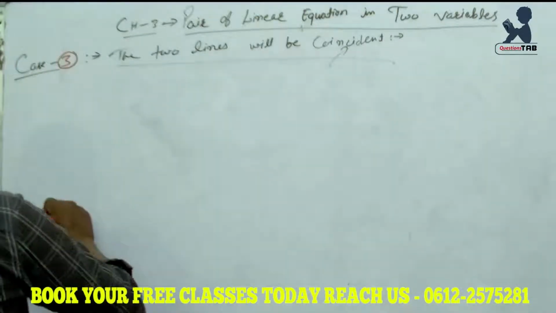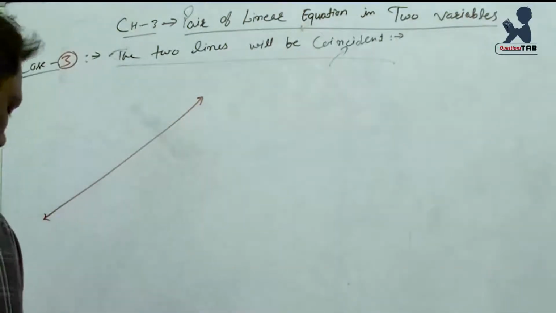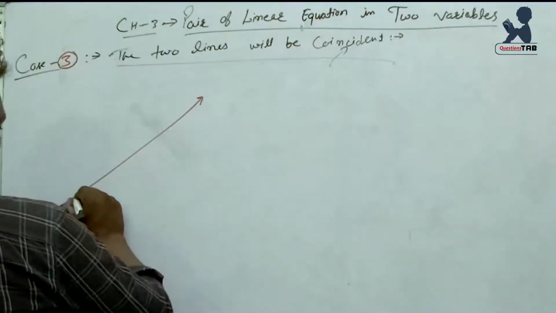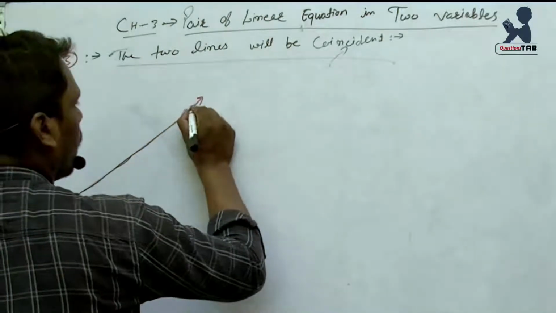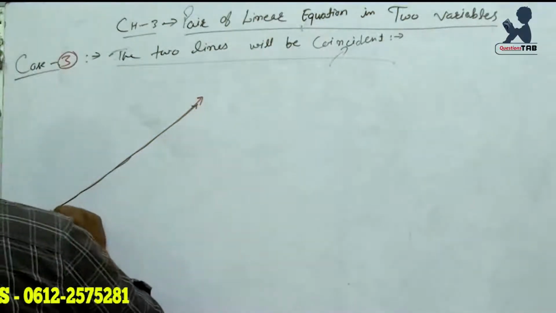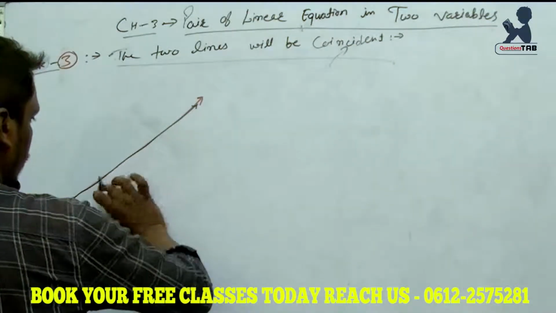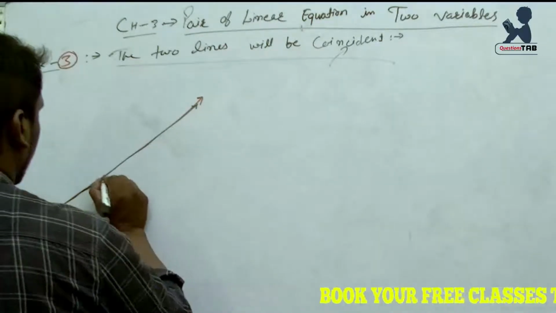That is, if we draw a line on which we draw another line, these two lines are called coincident lines.